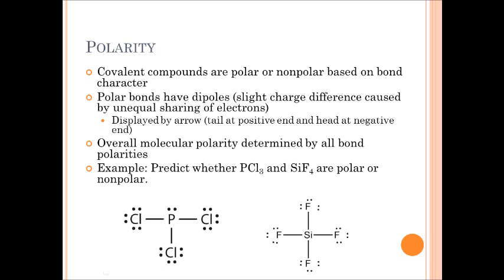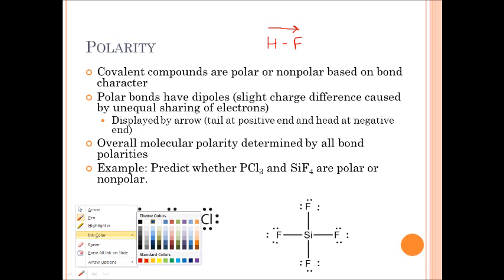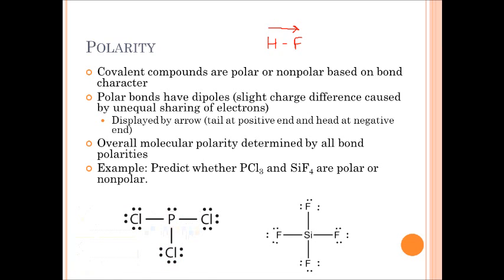So if we were to look at this previous one, we look at, I don't know, hydrogen and fluorine. Fluorine's going to be the most electronegative. So we're going to draw an arrow pointing towards fluorine because fluorine is the more electronegative. Okay, so fluorine here is more electronegative.